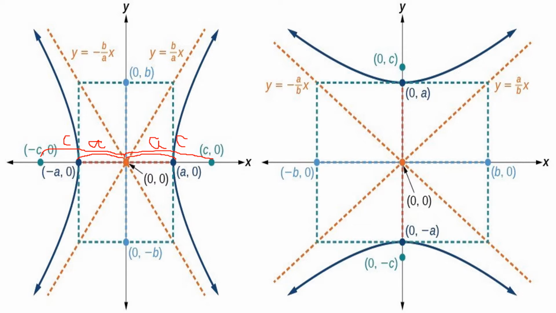And then from the center going to the endpoints of our conjugate axis is b units, and also to the other endpoint is b units. So our transverse axis is equal to 2a, since a plus a is 2a. And our conjugate axis is 2b, since b plus b is 2b.